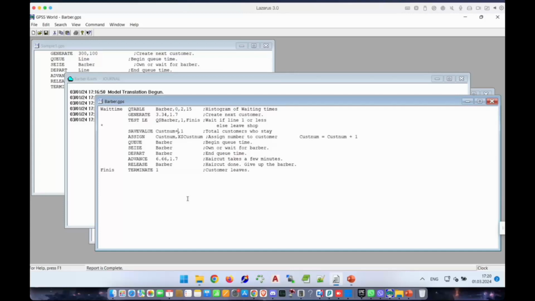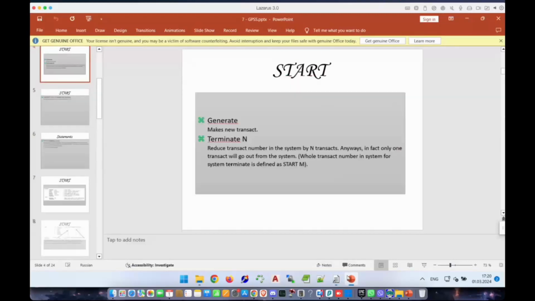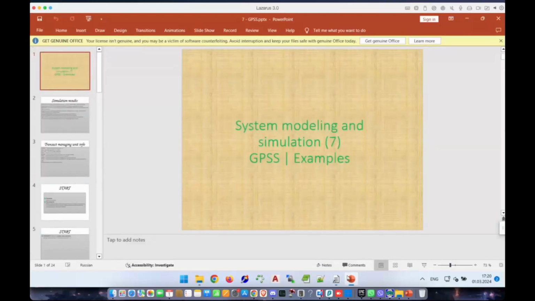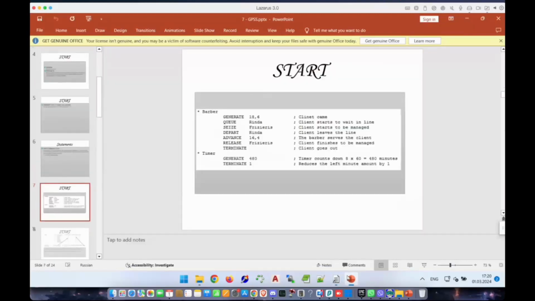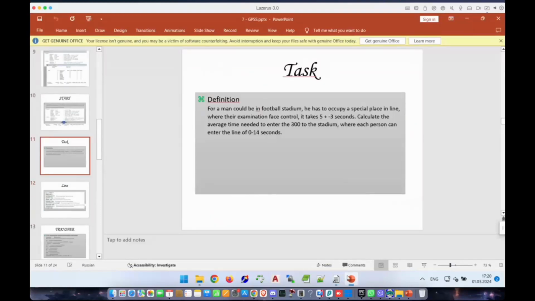All right, so I suppose you have to always try to make implementations. For example, I would like to ask you to think about the following task. How would it be possible to implement this?